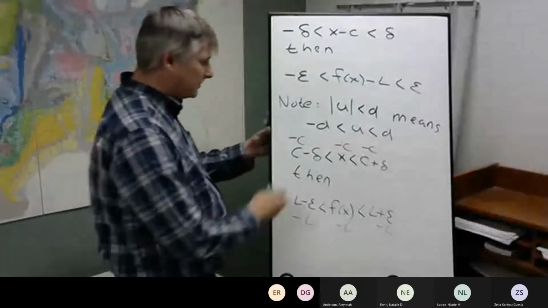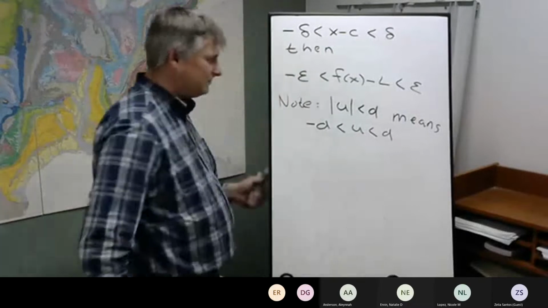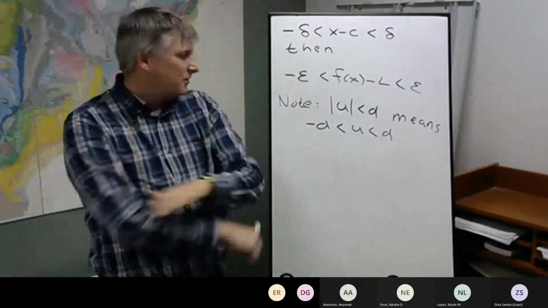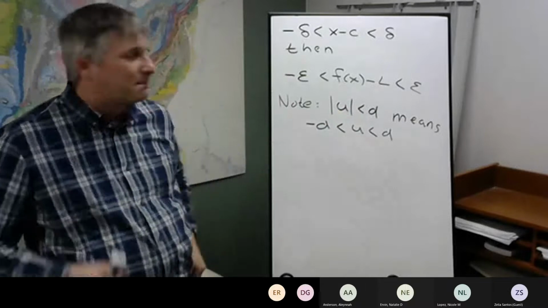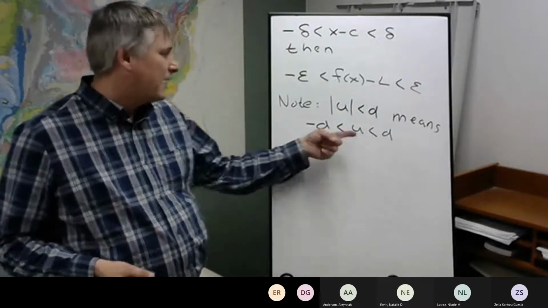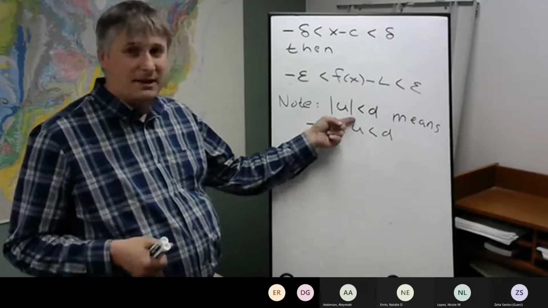It's an old trick from algebra. They mean the same thing. You can start with this and you can get that. So what we're going to do is we're just going to go backwards. If we've got this, we can rewrite this as that.